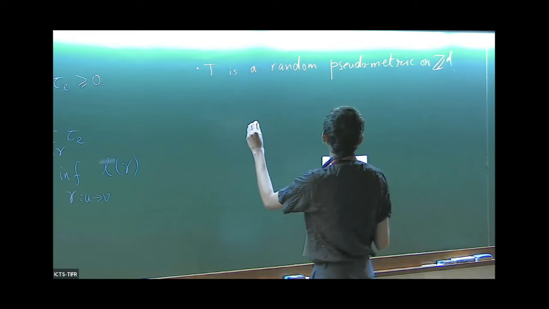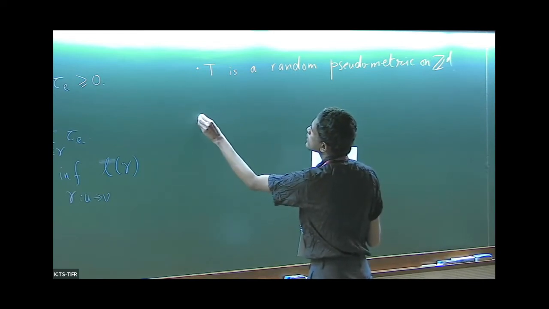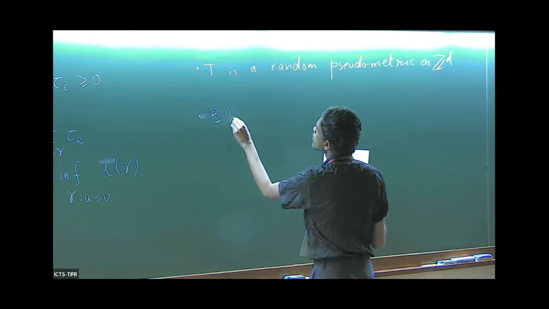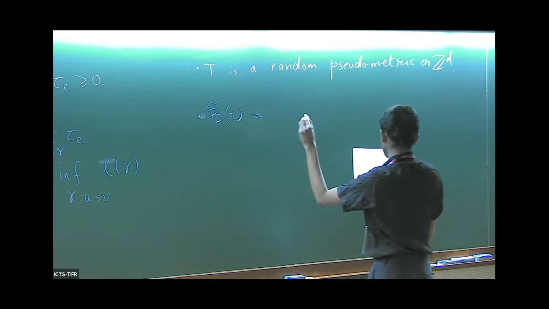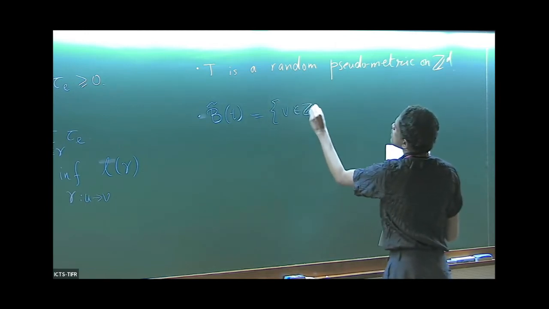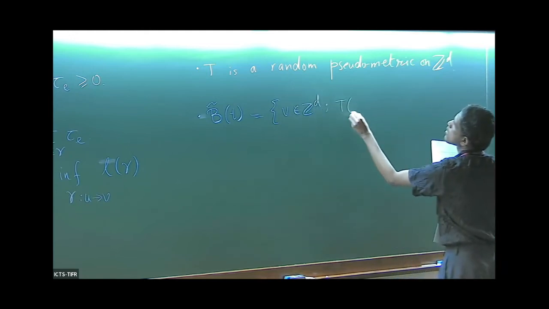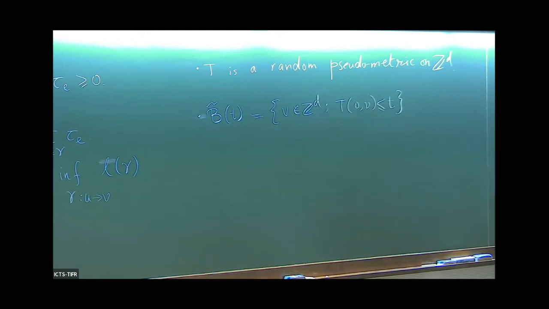So what are the objects of interest? One important object is the metric ball. Let me say B tilde at T. This is simply the metric ball of size T centered at the origin.